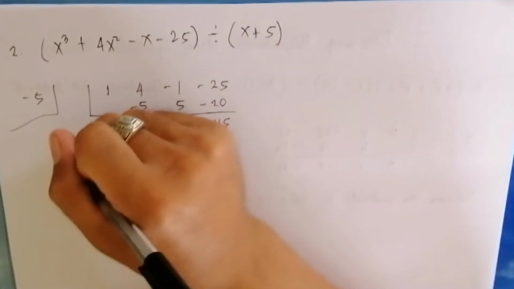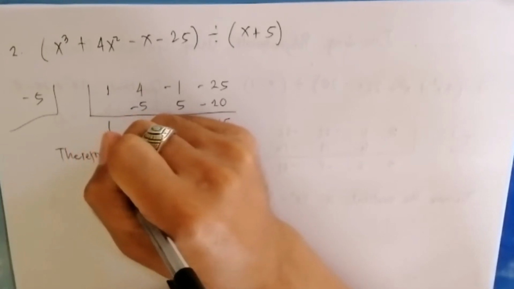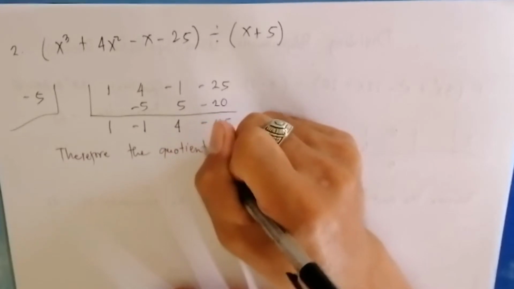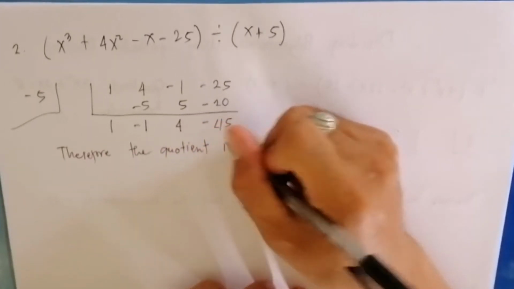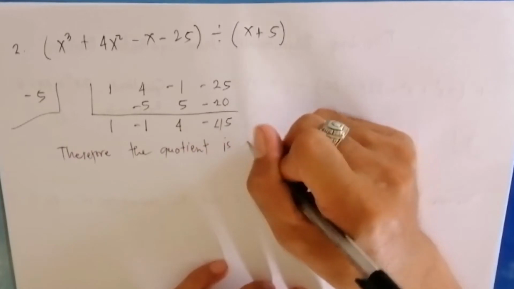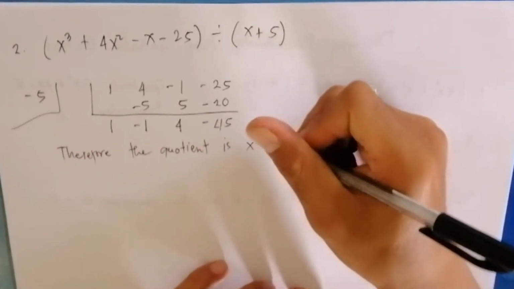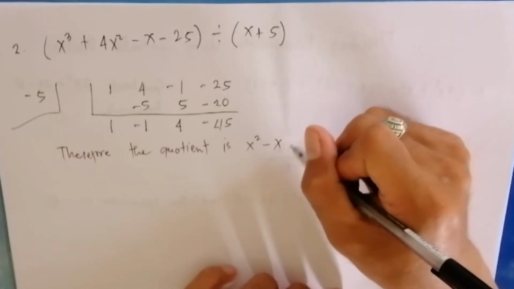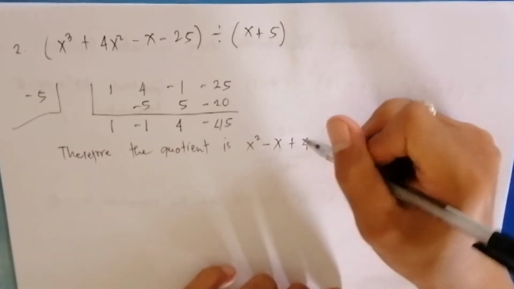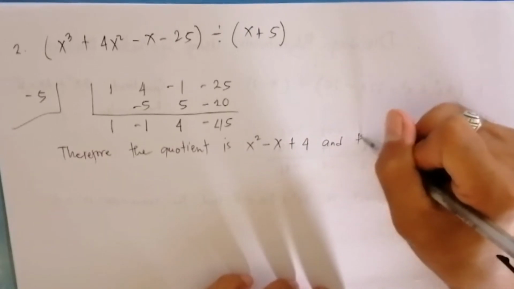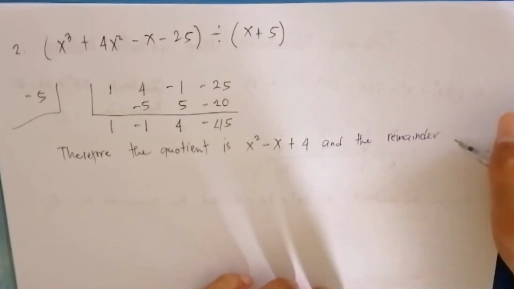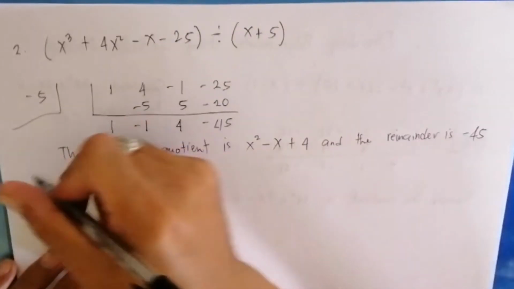So therefore, the quotient is x squared minus x plus 4, and the remainder is negative 45.